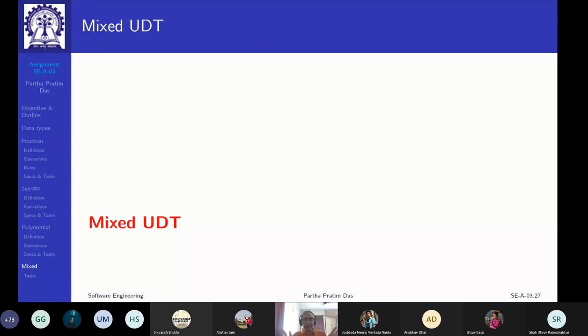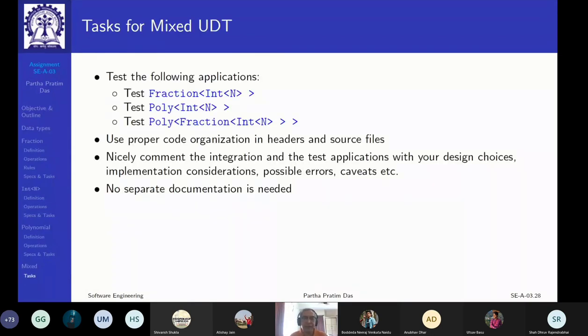So after having done these three different utilities, your final part of the task is to play around with them, mixing. So now you already have the types. You have a fraction type, which can take any integral type parameter. You have a polynomial type, which can take any numerical type parameter.